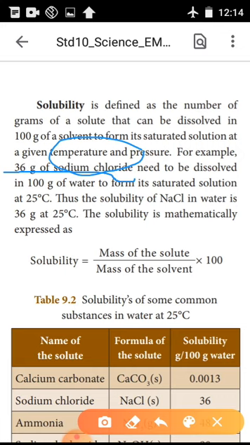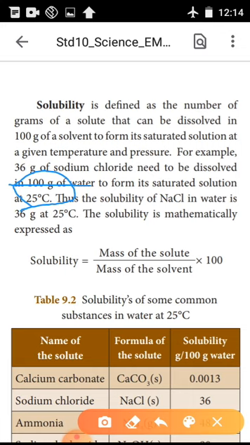In our home everyone uses the salt, common salt, that name is sodium chloride, NaCl. Okay, so the chemical name of common salt is sodium chloride. The symbol is NaCl. So if you take 36 gram of sodium chloride, it is dissolved in 100 gram of water at 25 degrees Celsius temperature.